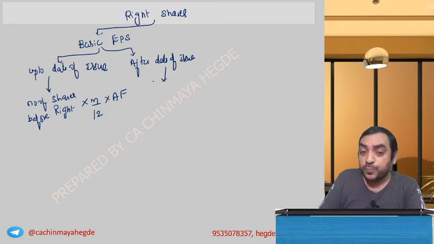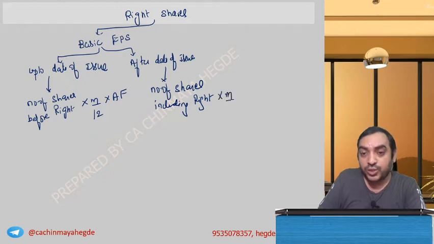After the date of right issue, it's calculated by number of shares including right into m by 12. Adjusting factor now does not matter.